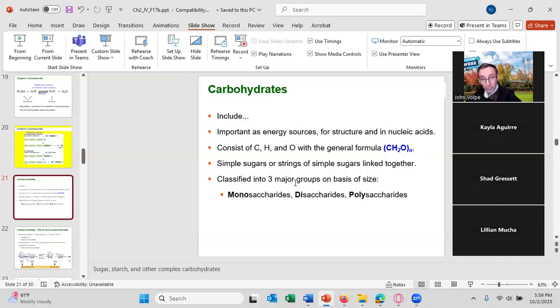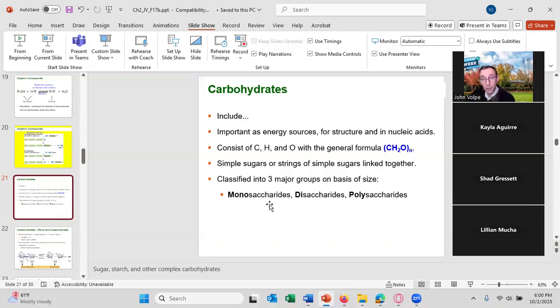Simple sugars, or strings of simple sugars, linked together are simply what a carbohydrate is. We can classify carbohydrates into three major groups based upon their size. If there's only one monomer in the carbohydrate, we call that a monosaccharide, also called a simple sugar. Glucose, fructose, and beta-galactose are examples of monosaccharides.